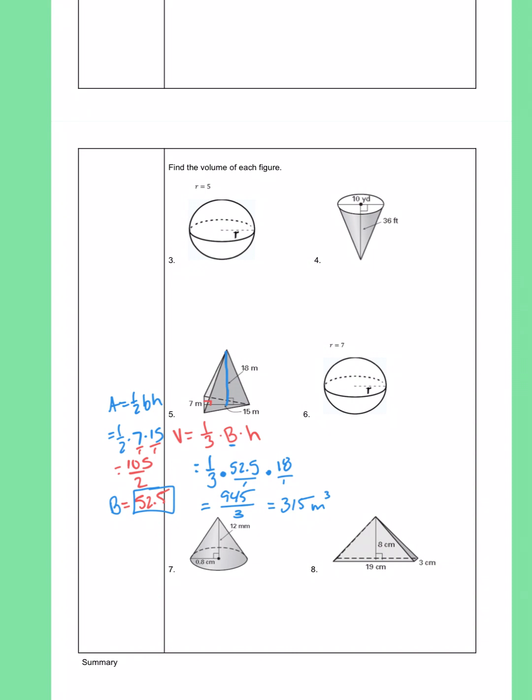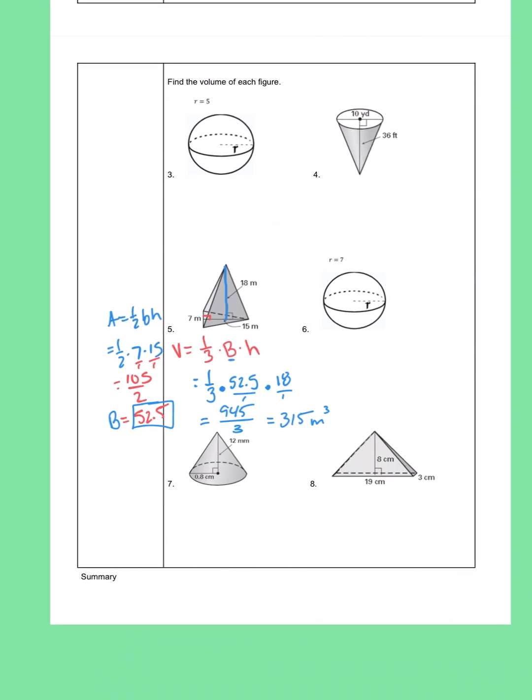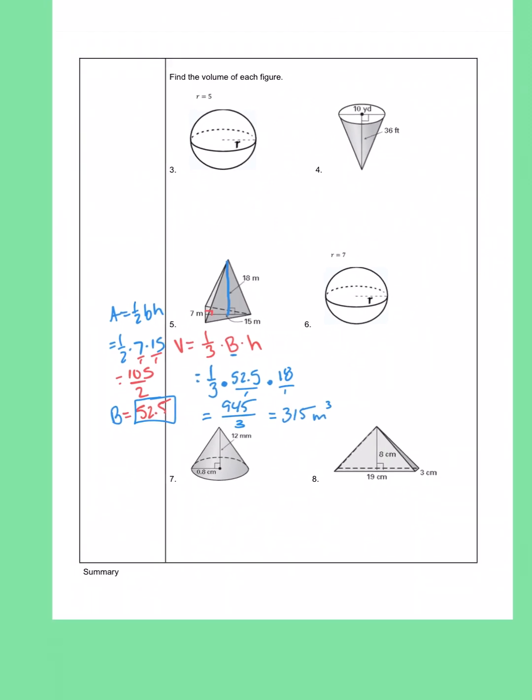And we'll do one other pyramid. And again, that is volume equals 1/3 area of the base times height of the pyramid. So we got to do that other work to find the area of the base. And this base is a rectangle, so we can kind of see a rectangle here. 19 by 3 rectangle.